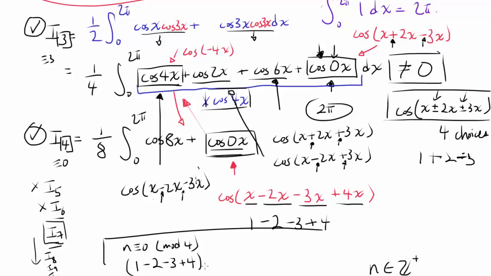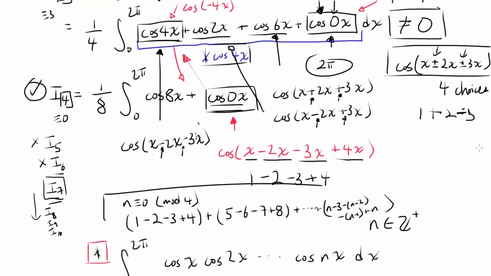You can group this in groups of 4, and continue: 5 minus 6 minus 7 plus 8, which is equal to 0 once again, and all the way to n minus 3 minus n minus 2 minus n minus 1 plus n. I'm just grouping it like this, and all of these expressions are going to turn out to be 0.